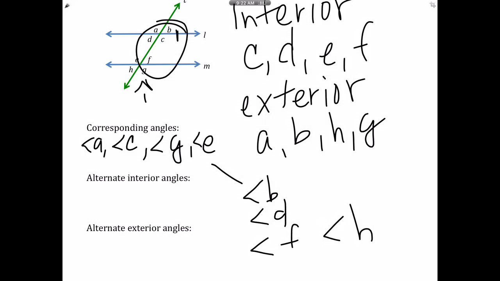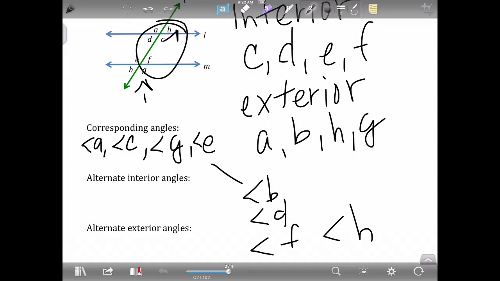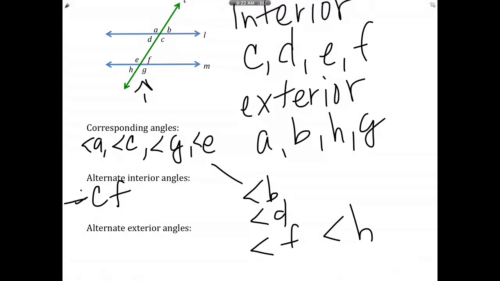One's up here, one's down there. So the alternate interior would be C and F, and then D and E.